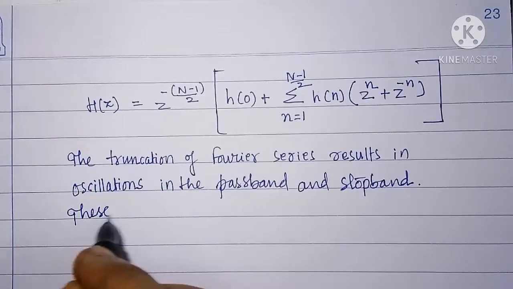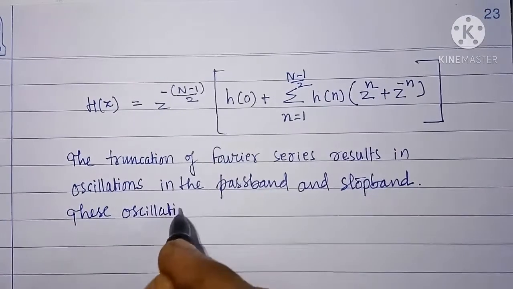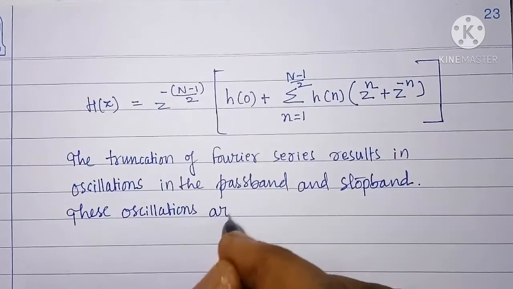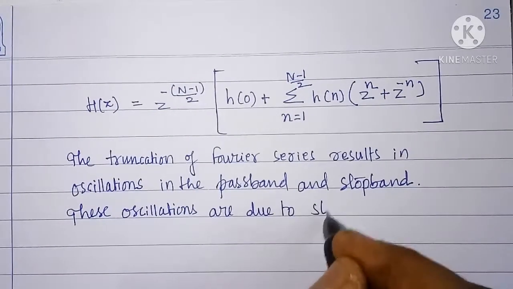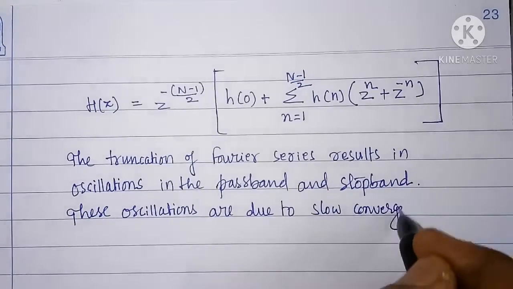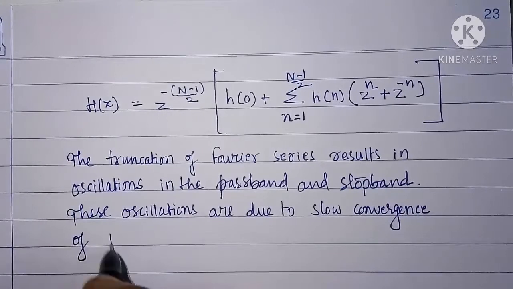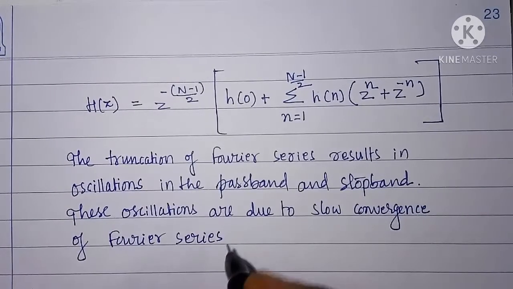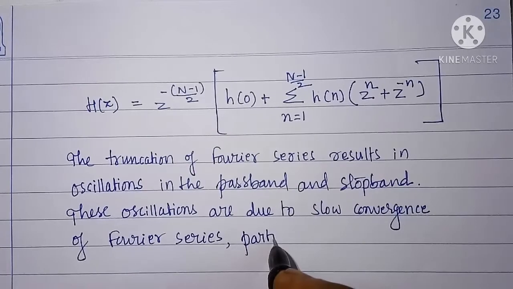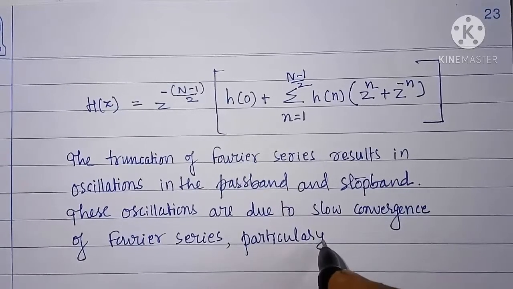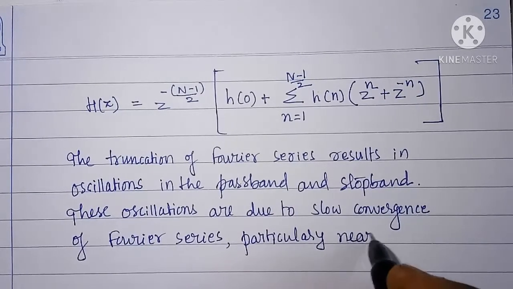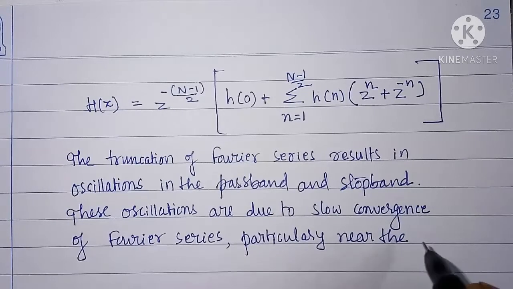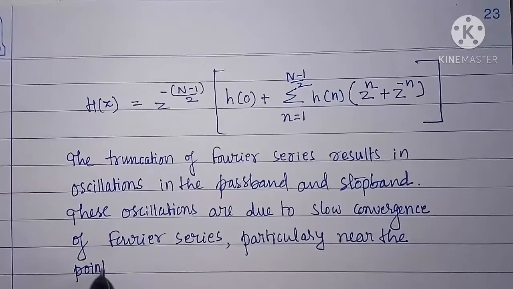These oscillations are due to slow convergence of Fourier series particularly near the points of discontinuity.